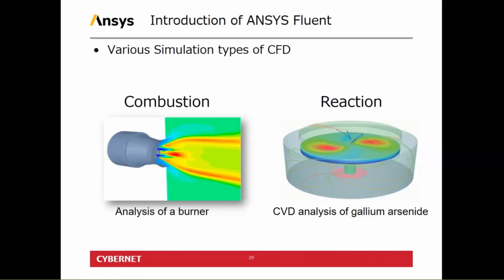Okay, the next example. This is an example of the combustion and the reaction. This example shows the results of the combustion simulation for a burner. By using this function, you can know the change of the mass fraction of each gas component and the change of the temperature by combustion.